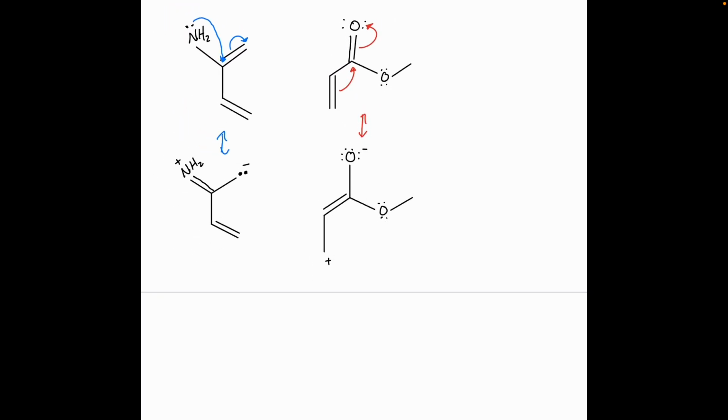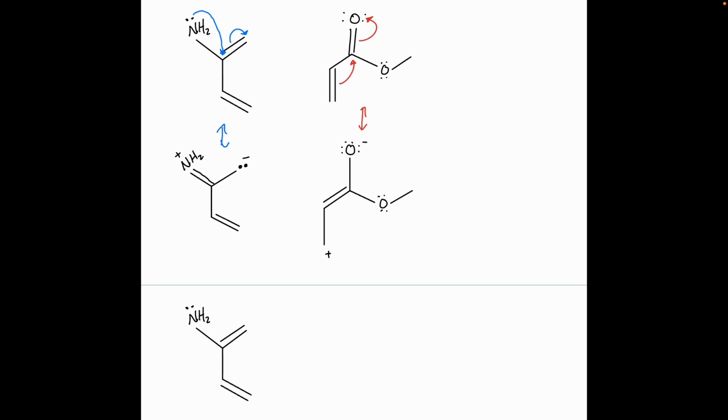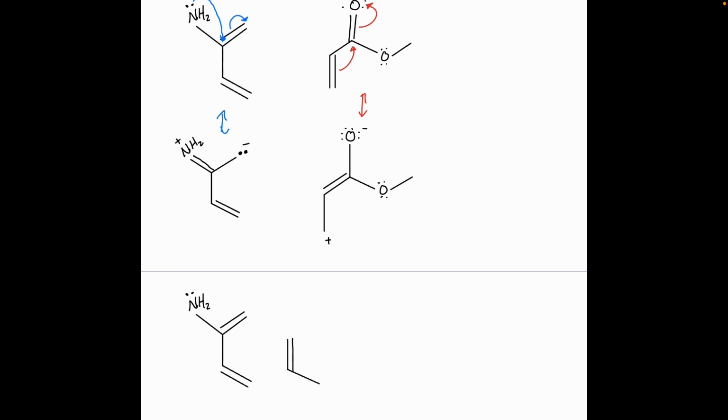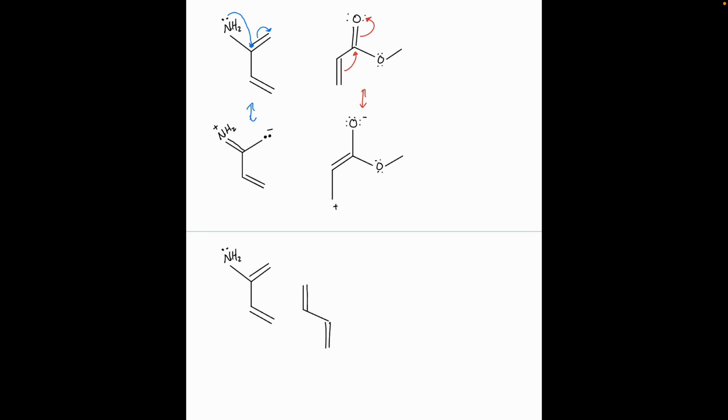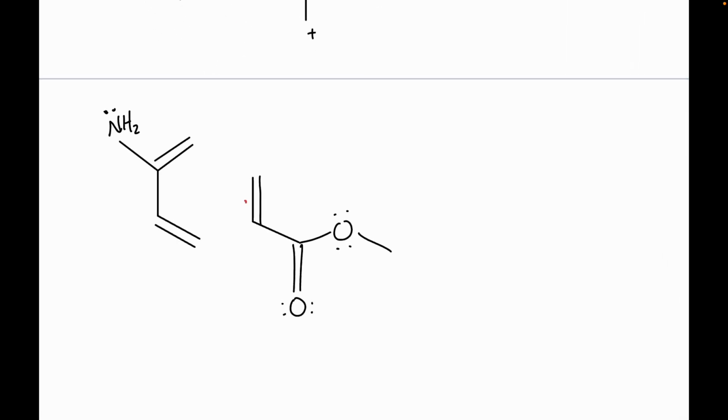So I'm just going to redraw my two reactants. All right, but I'm going to take that second one, my dienophile, and flip it upside down. Now I'm going to close these together, forming my six-membered ring.